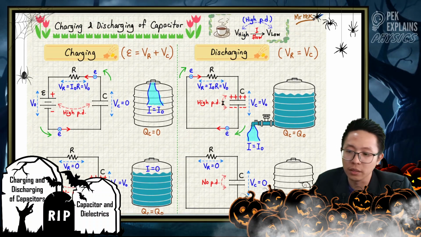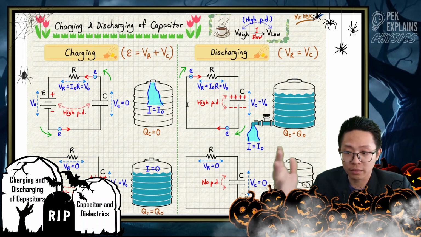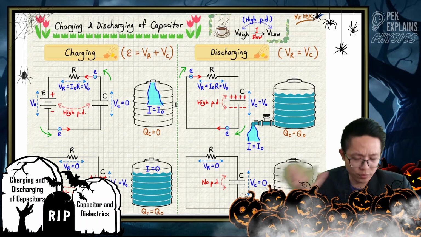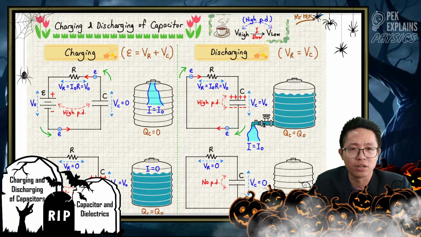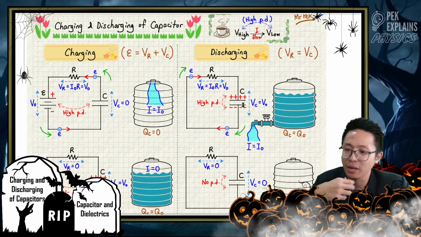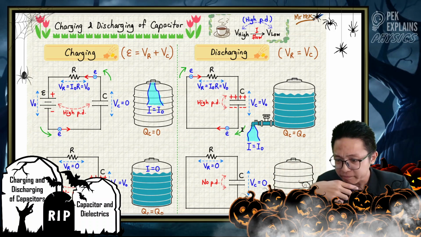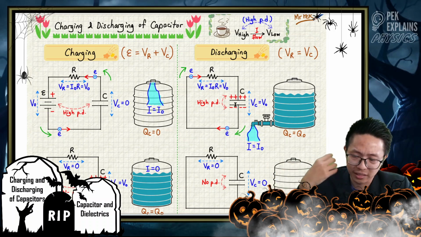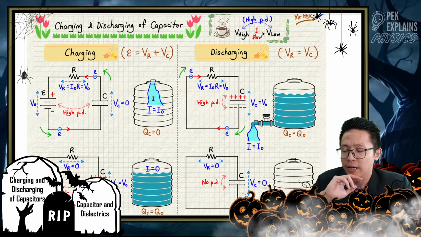What will happen if the capacitor is left with only the resistor, without the battery? It's just like you loosen the cork, you open up a faucet. What happens? The capacitor will discharge. The water tank will start to flow out the water.